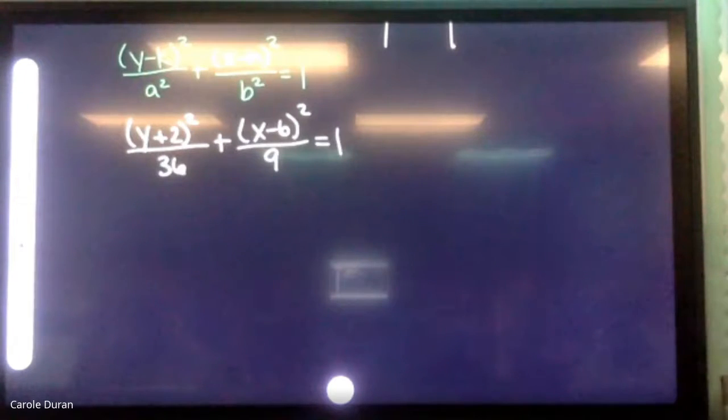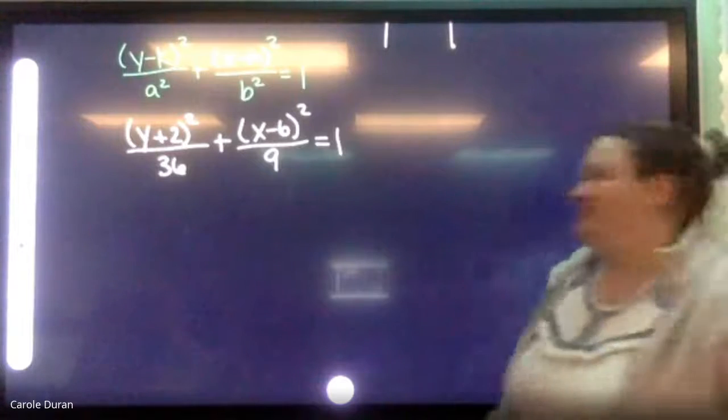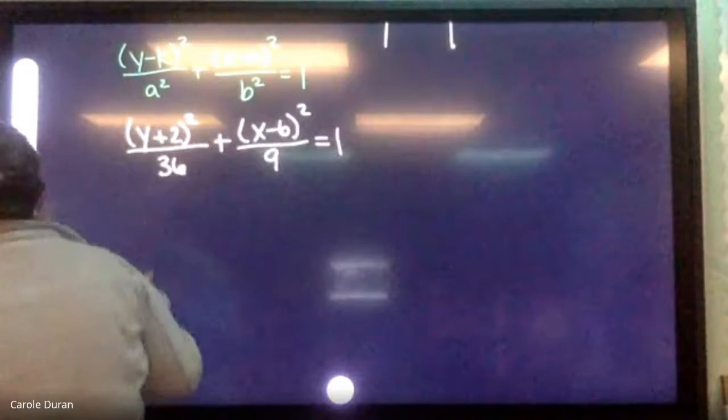Okay, now you're going to do one on your own. So we're going to do the same instructions. You're going to write the equation associated with the given ellipse. And again, I'm going to give you the vertices and the co-vertices.